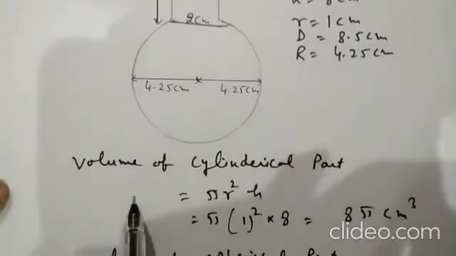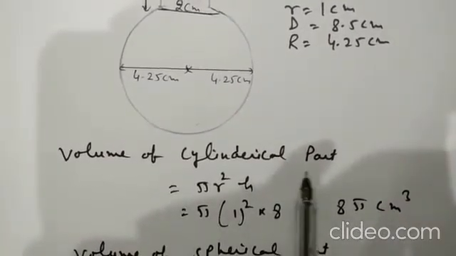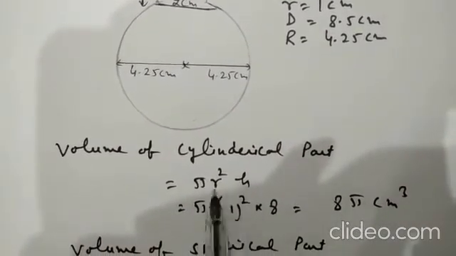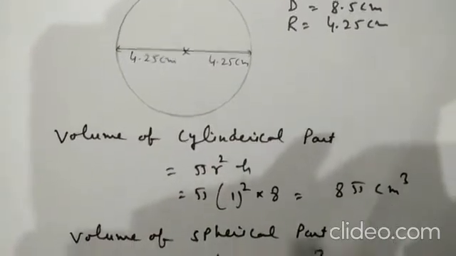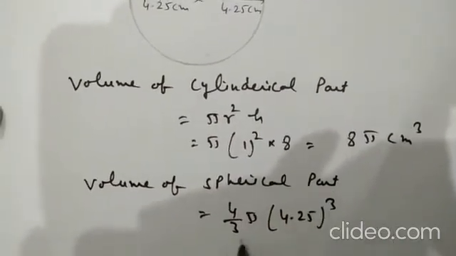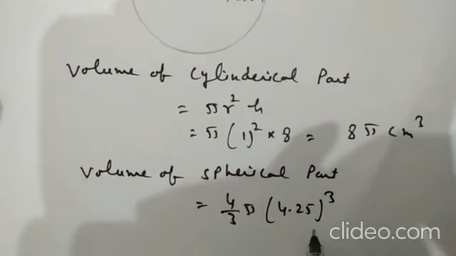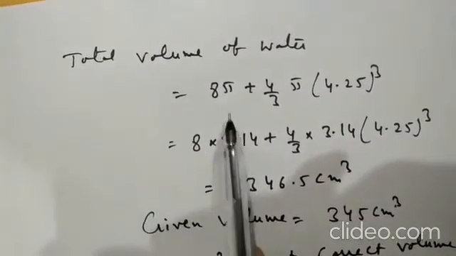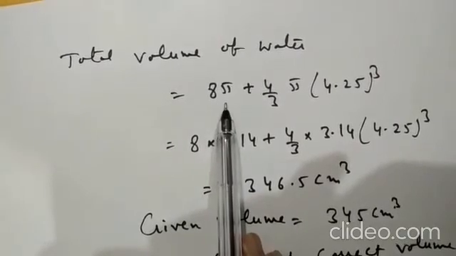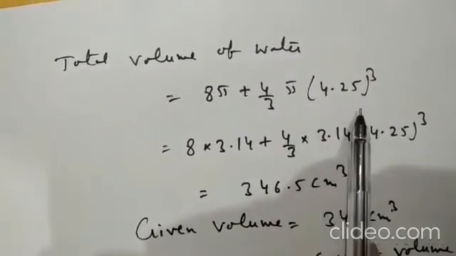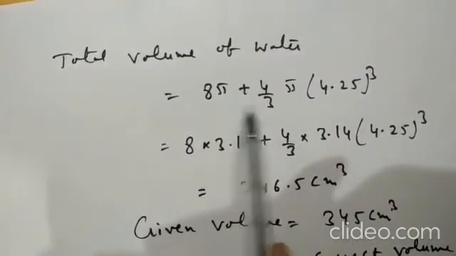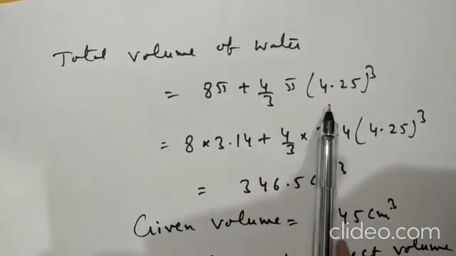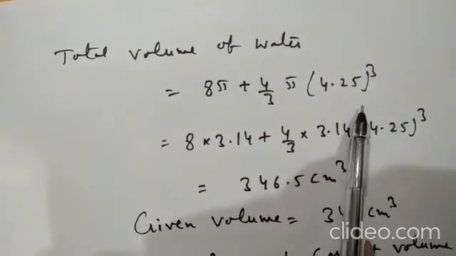Now the volume of water contained in it: volume of cylindrical part pi r square h, 8 pi, and volume of spherical part 4 by 3 pi r cube. Now the total volume of water contained in it is the volume of cylindrical part plus the volume of spherical part, 8 pi plus 4 by 3 pi into 4.25 cubed.